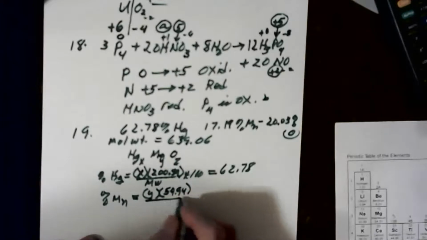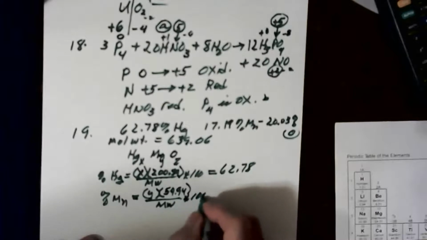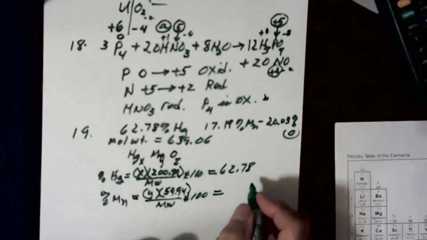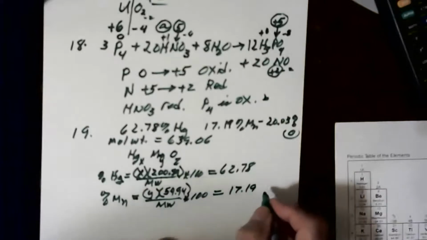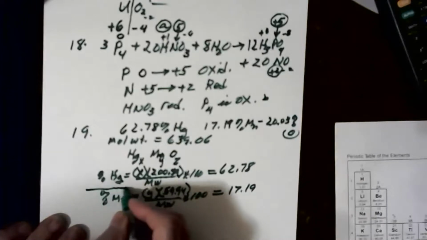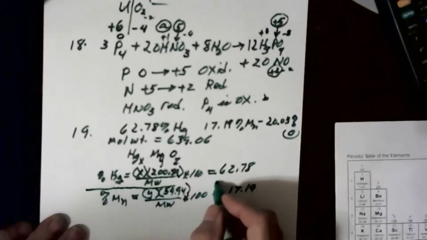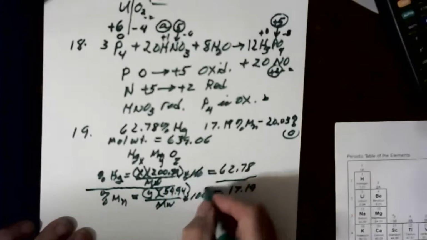I want to divide by molecular weight and multiply by 100. And this value is given in the problem at 17.19%. Now, if I divide these things out, then molecular weight cancels, the 100s cancel.